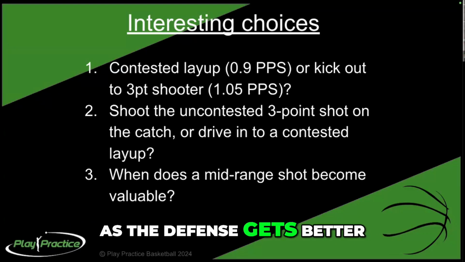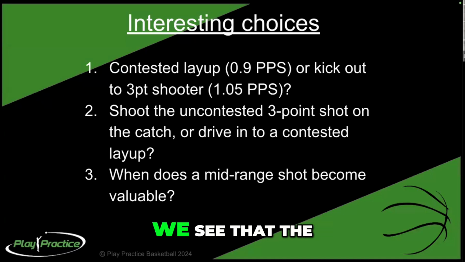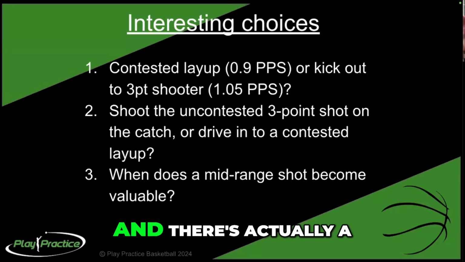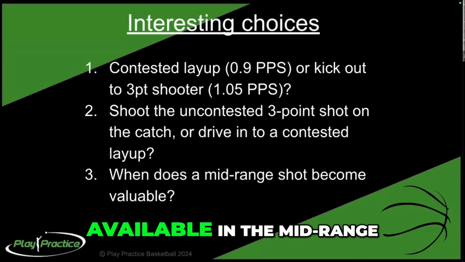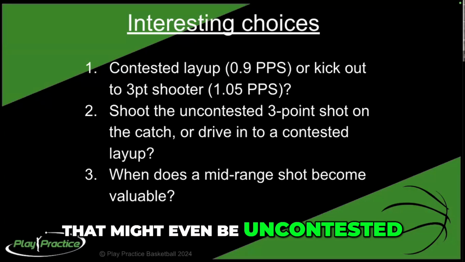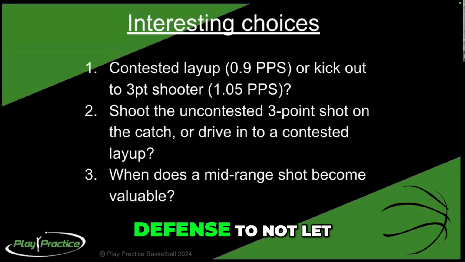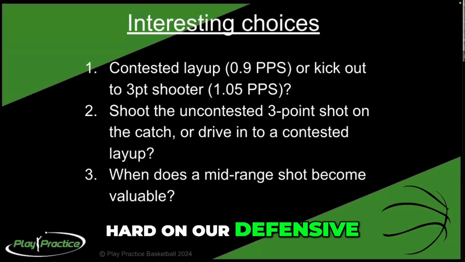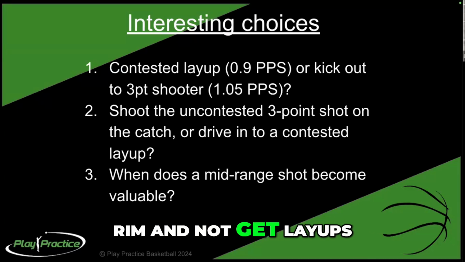As the defense gets better, especially in playoff time, we see that the three is taken away, the rim is taken away, and there's actually a pocket of space now available in the mid-range that might even be uncontested, right? We're trying so hard as a defense to not let them get an open three on the catch, and we're working really hard on our defensive rotation to protect the rim and not get layups.